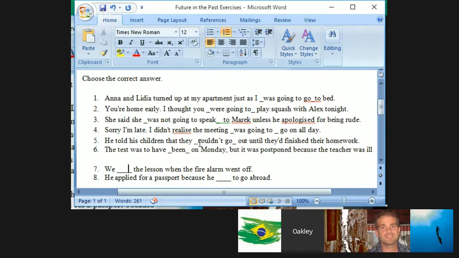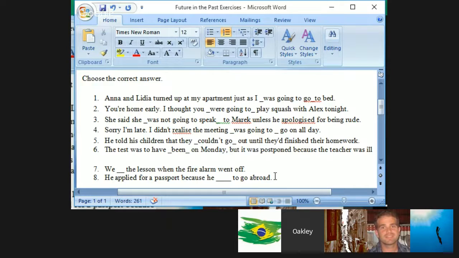Yes, you can use he told his children that they were not going to go out. So that's why I started the lesson. We looked at would and going to, because it's pretty much always possible to use them, but there are other variations that are acceptable, which I'm trying to show you now, a few of them. All right, Wilson, number 7.